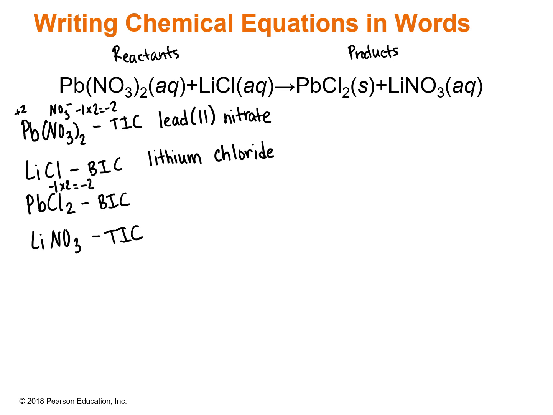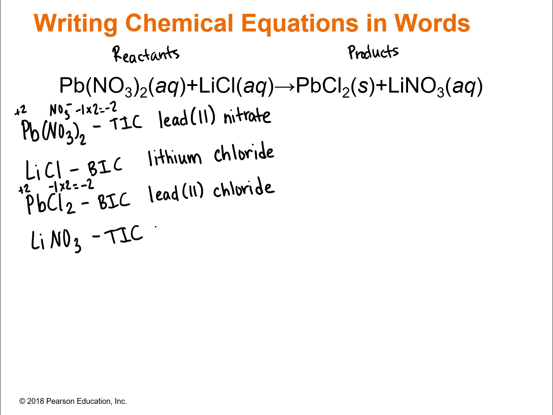So our total negative charge is -2. For this to be a neutral compound, lead has to have a +2 charge. So we've still got lead 2 with the 2 as a Roman numeral, followed by chloride.